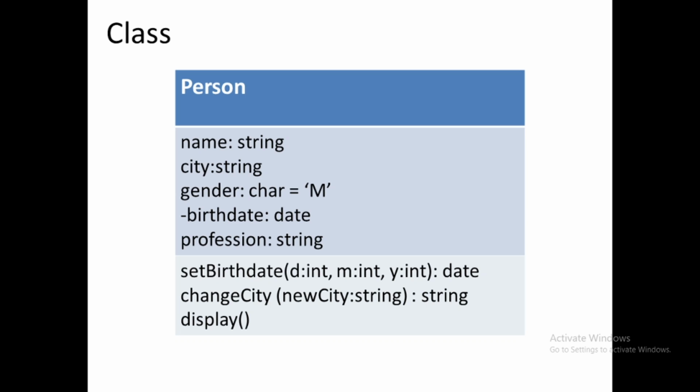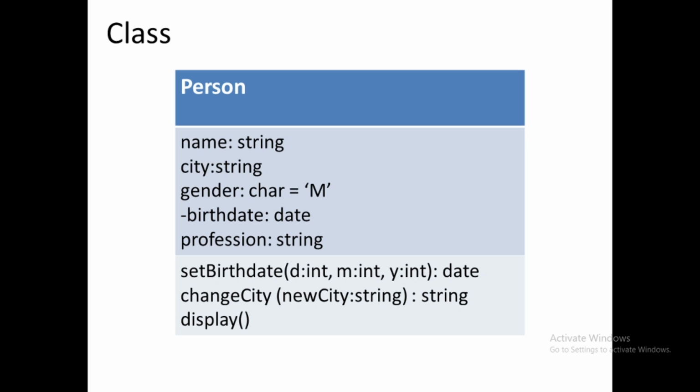String means it can store number of few characters. So that is why the word string is given here. If there is a need to store a single character, then you can use word char. Char means character. So gender colon char is equal to, inside single inverted comma, m.